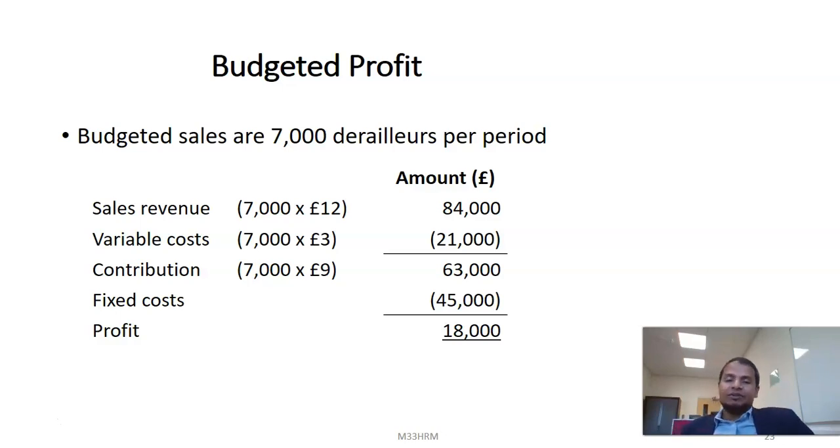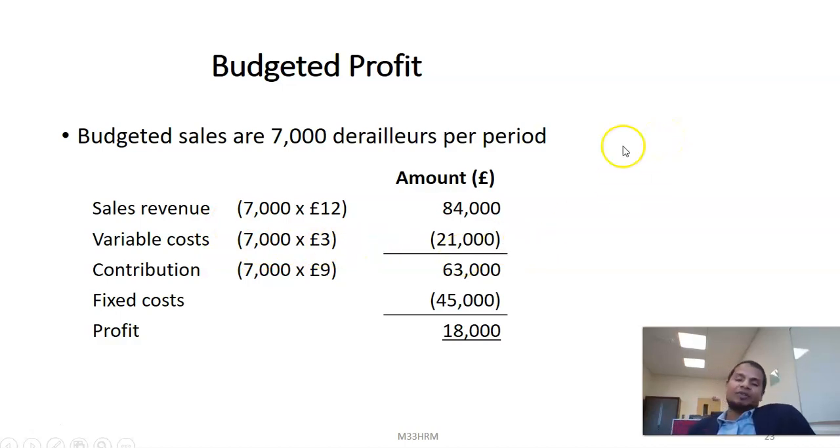If you want to calculate budgeted profit, prepare an income statement based on the 7,000 budgeted units level. Sales revenue is 7,000 times 12, the sales price, so 84,000 sales revenue, minus variable cost, 7,000 times 3, that is 21,000.